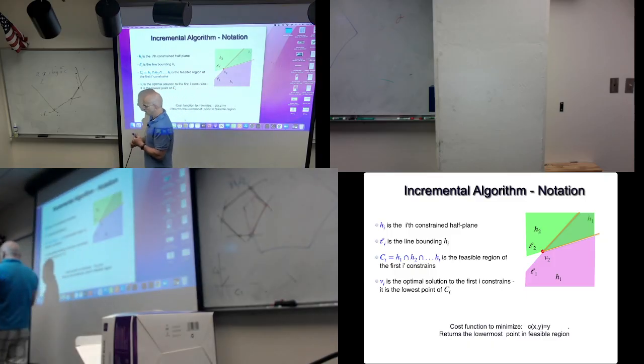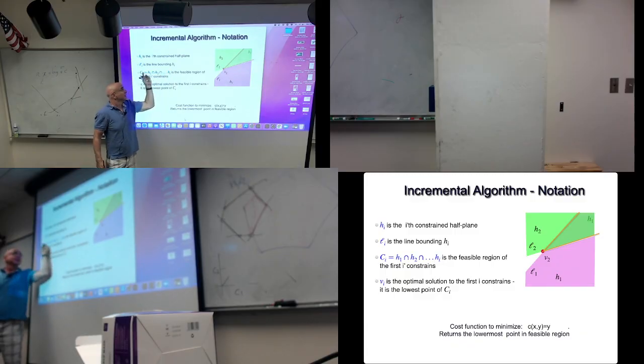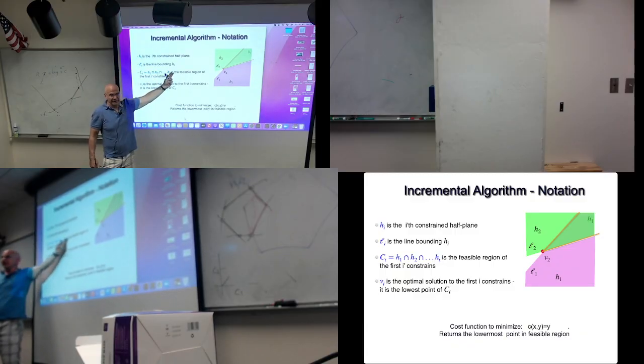Now, big warning, I'm not going to compute Ci at each iteration. I will never care about all the vertices of Ci or all the edges of Ci. But conceptually, it still exists. It's just the intersection. When I move to step i plus 1, Ci changes by adding intersection with one more half-plane.